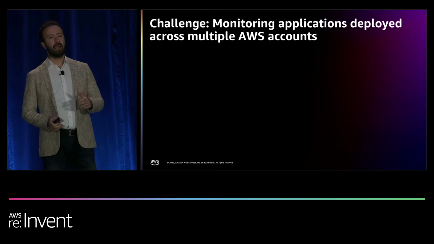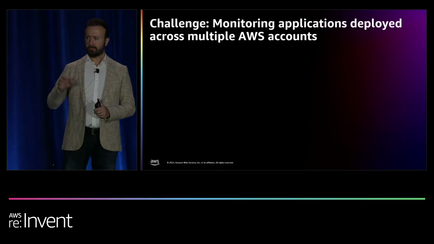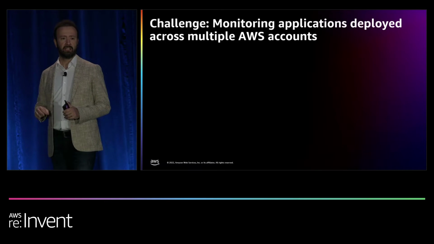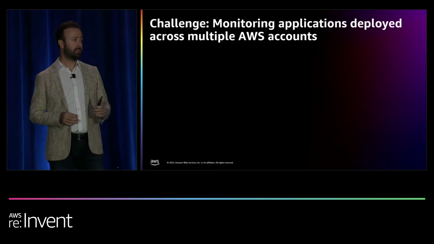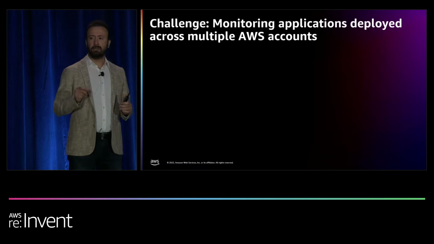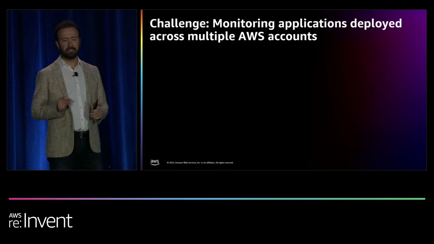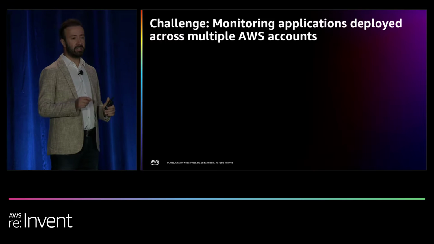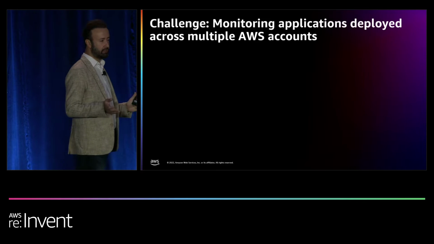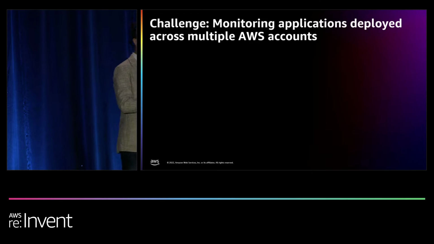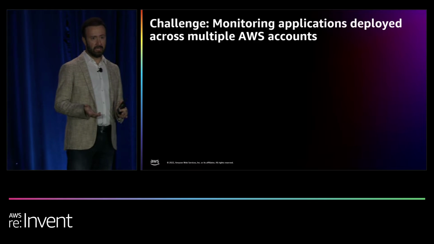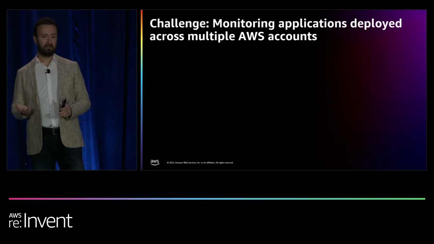Okay, going back to our launch feature. What is the problem we are trying to solve with Amazon CloudWatch Cross-Account Observability? AWS best practices guide customers to deploy applications across multiple accounts to establish security and billing boundaries between teams and to reduce the impact of operational events.